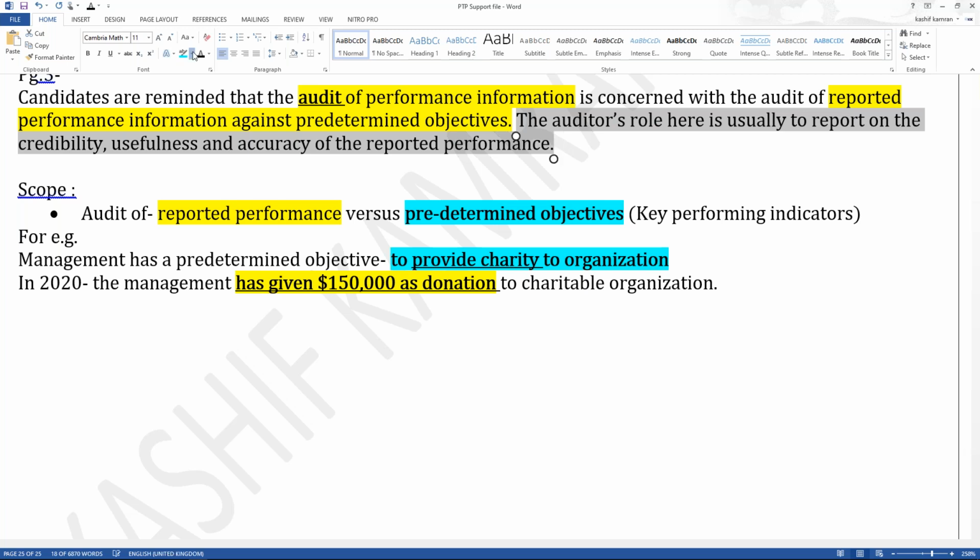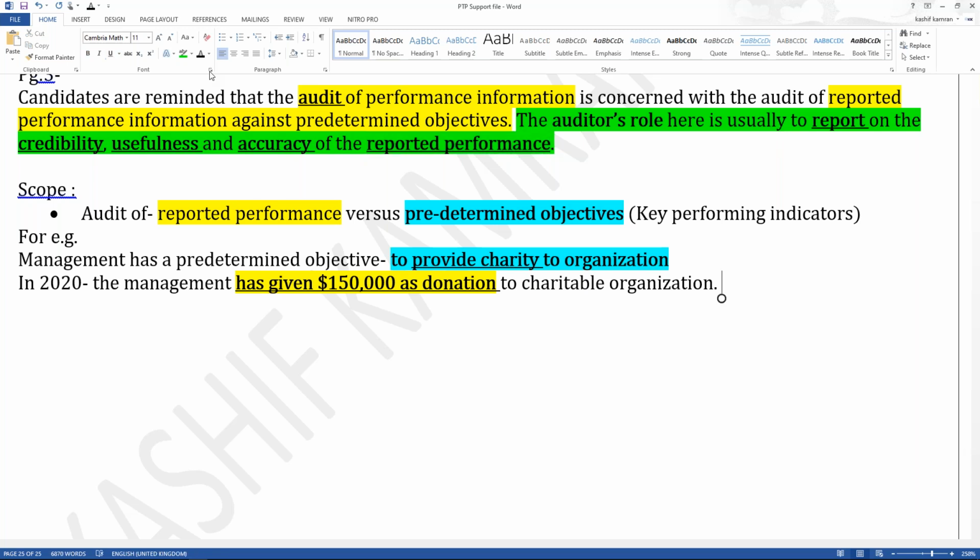So, what is the role of the auditor? Let's put that in a different color, in green. The auditor's role is to report on the credibility, number one, on the usefulness, number two, and on the accuracy, number three, of the reported performance. So what is the auditor trying to tell the users?